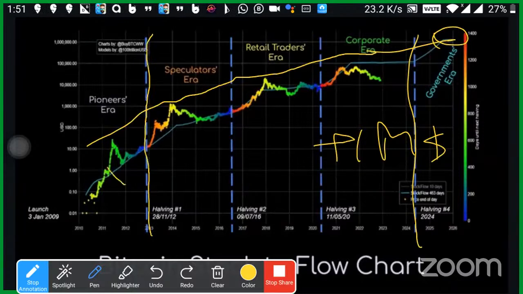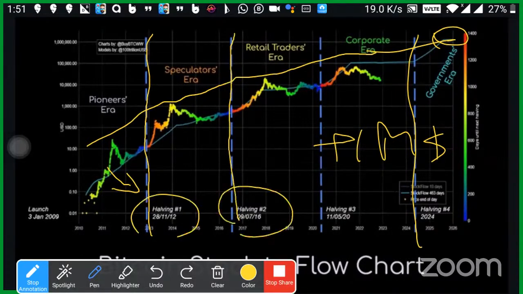The second thing that you can notice in this chart is that before every halving, this was the first halving, you will see a bear market. The prices will go down. Did it happen before the second halving? We saw again a bear market, maybe 1 year or 1.5 years, a big bear market before this happened.